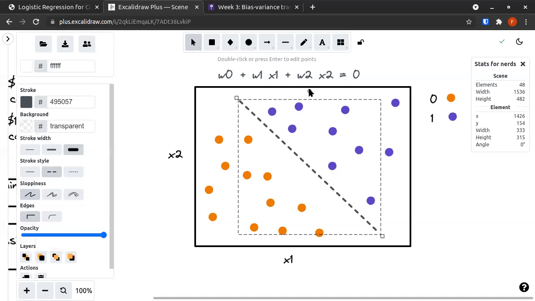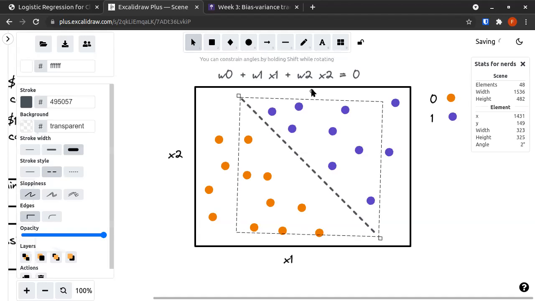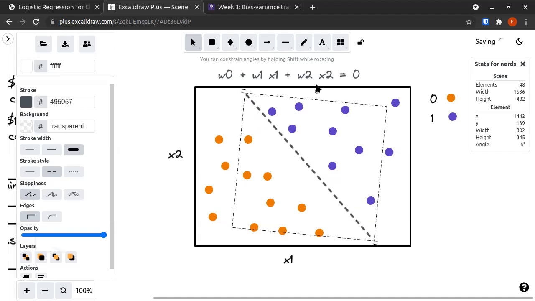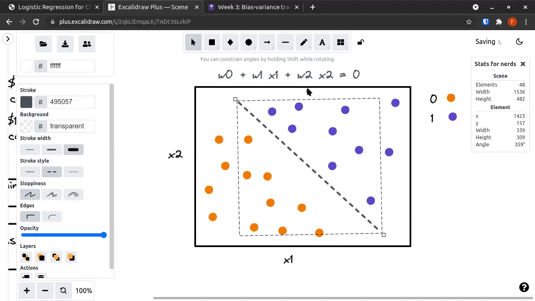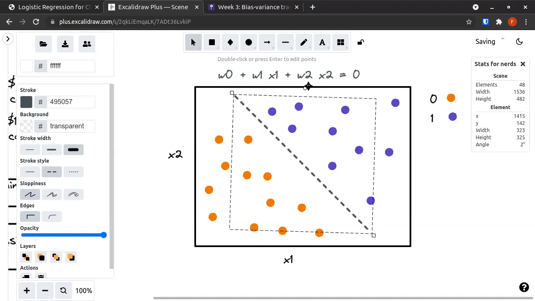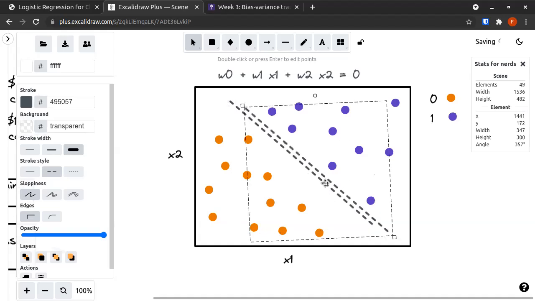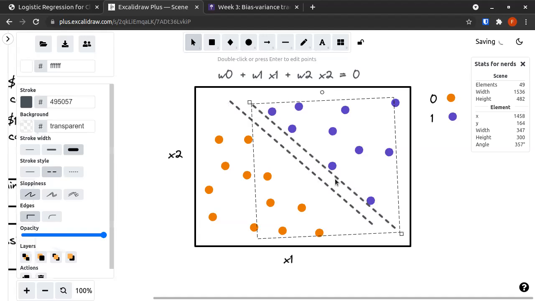So the 0-1 accuracy is perfect accuracy. But that's also the case for all of these other hyperplanes I'm producing as I move or rotate this line. So which hyperplane should we pick? Is this the best hyperplane to pick? Or let's say this one. Maybe this one is better.